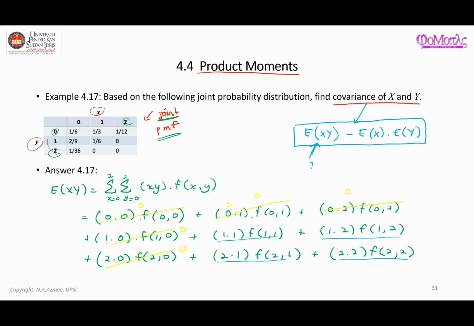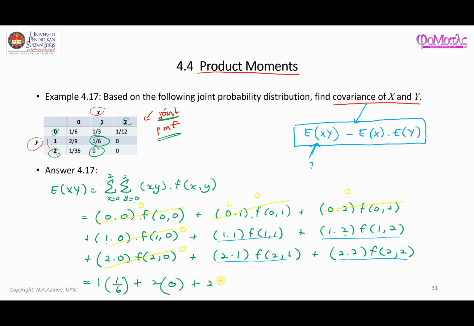So that's what we're going to focus on next. Here 1 times 1 is 1, multiplied with the joint probability for x equals 1 and y equals 1, which is 1 over 6. Plus 1 times 2 is 2, f(1,2), and the result is 0.